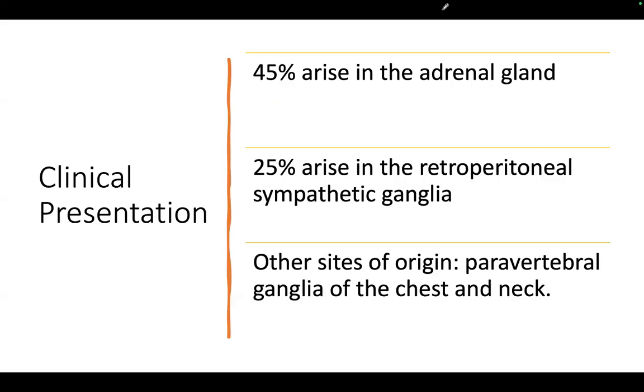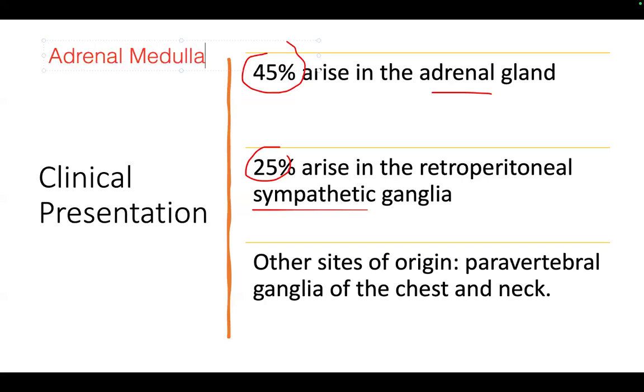Now, about 45% of neuroblastomas arise from the adrenals, particularly the adrenal medulla. One quarter, or 25%, will be found in the retroperitoneal sympathetic ganglia. Now, question. If we say adrenal medulla and it is a child, the most common tumor of the adrenal medulla in the child is still a neuroblastoma.